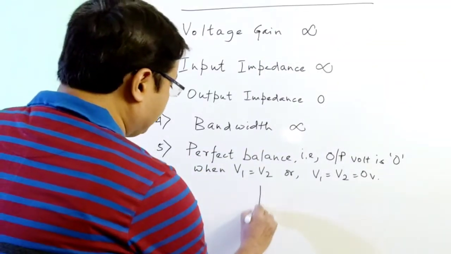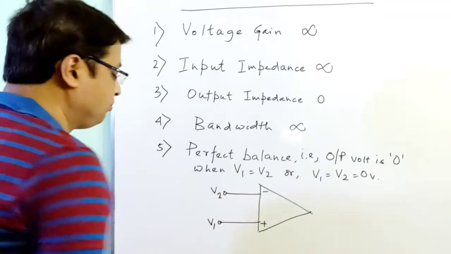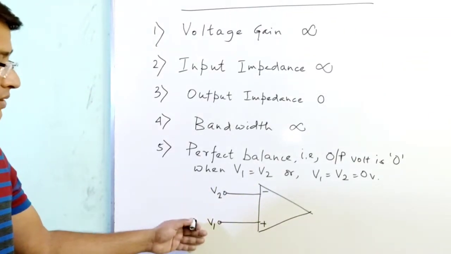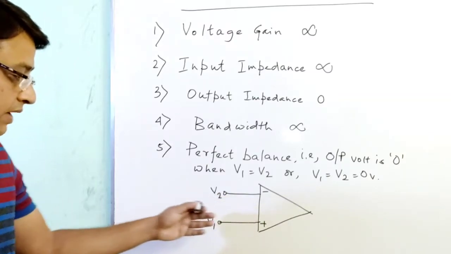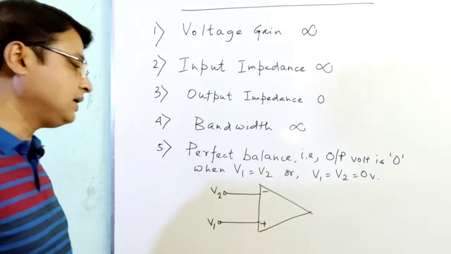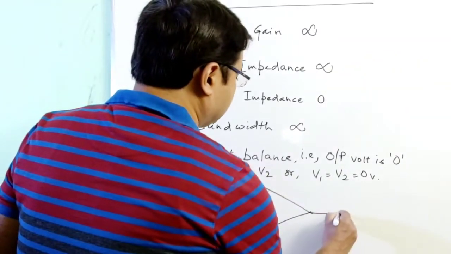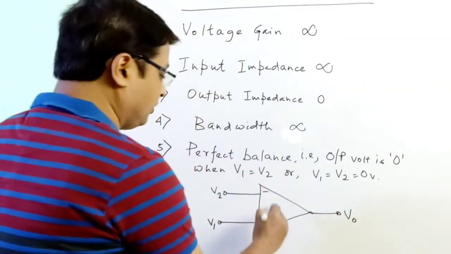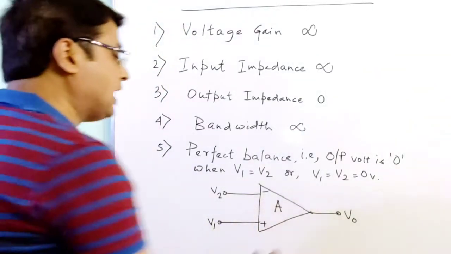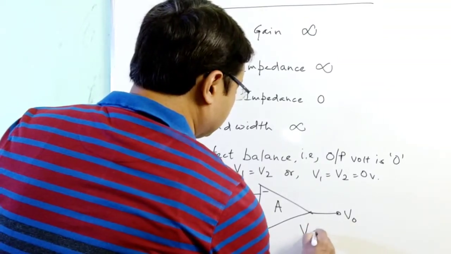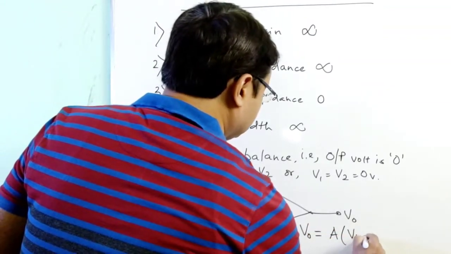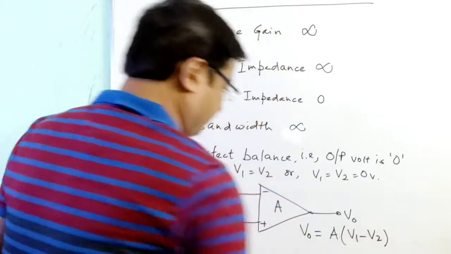For an op-amp, there are two input terminals, as we know, V1 and V2, where V1 is the input voltage of the non-inverting terminal and V2 is the input voltage at the inverting terminal, and let's say the output is V0. Now if the gain of the op-amp is A, then the output voltage expression will be equal to A into (V1 minus V2).